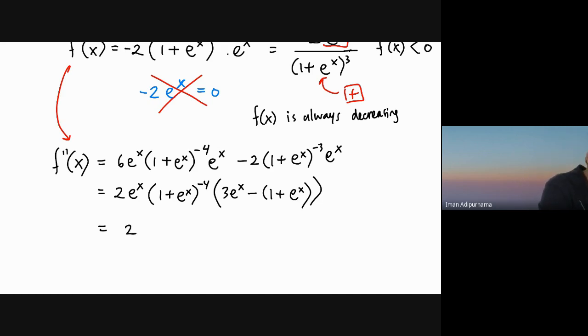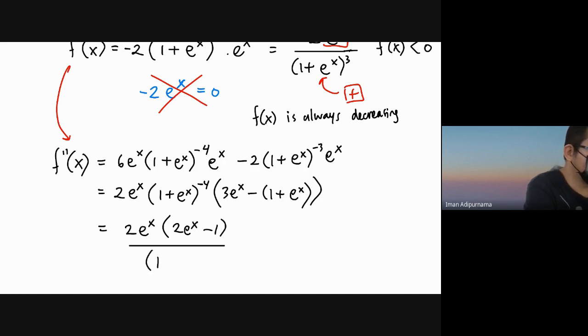Then we can write this as 2e to the x, and then this will be 2e to the x minus 1, divided by 1 plus e to the x to the 4. Okay, I think that's correct, right?